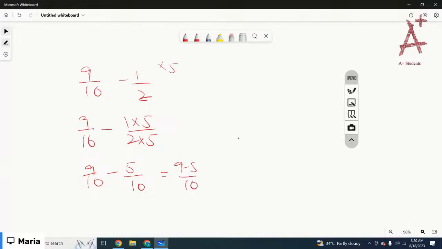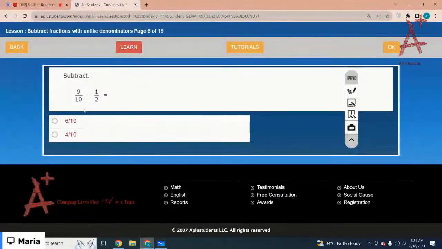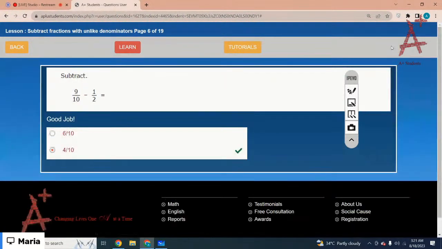So 9 minus 5 is 4, 4 over 10. The correct option is 4 over 10.